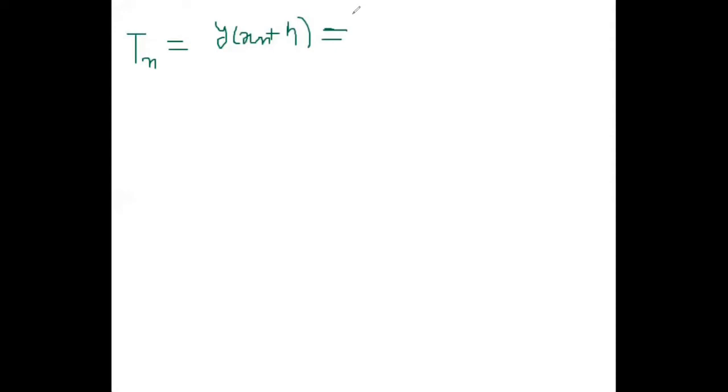So what I will have: y at xn, plus h times y prime at xn. Y prime is nothing but y prime is equal to f.